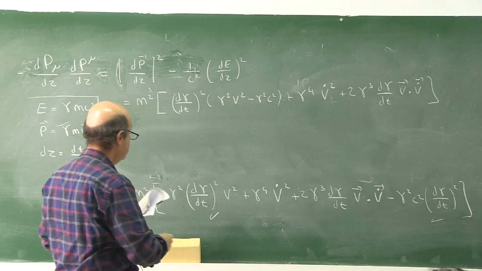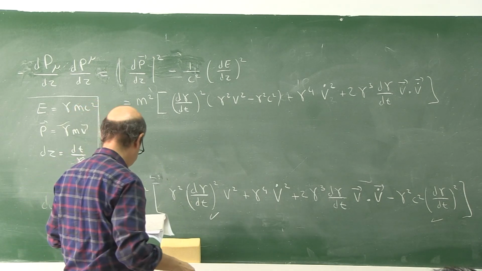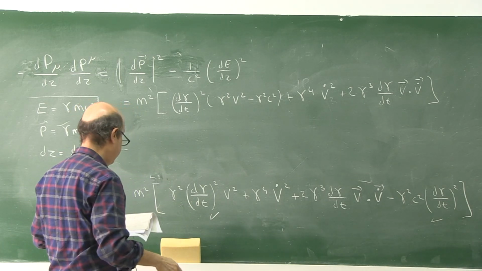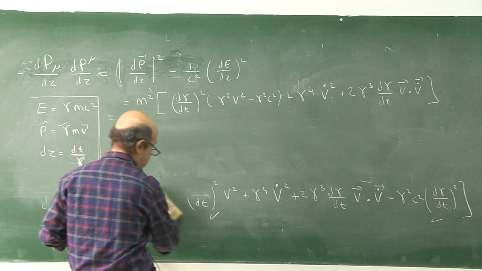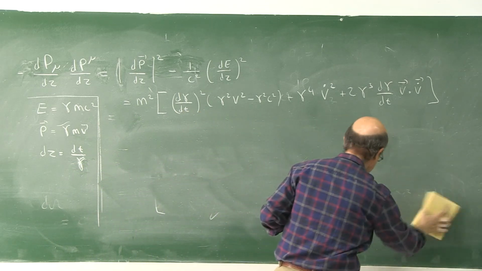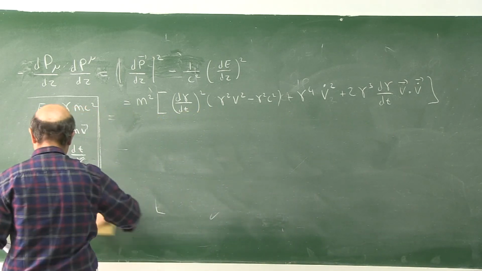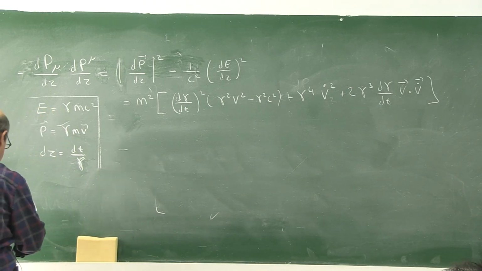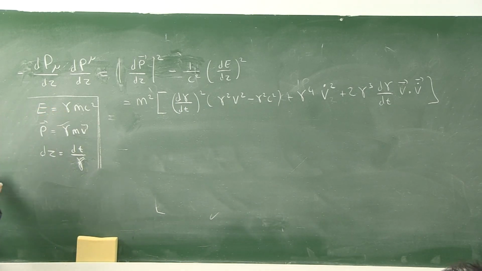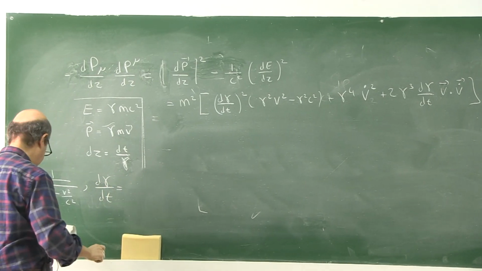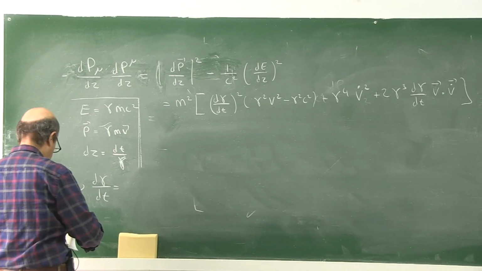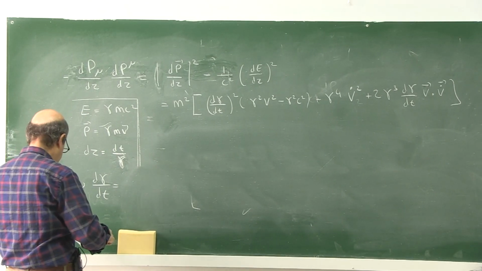What I needed as a tool is the derivative d gamma over dt. So let me introduce somewhere here what is d gamma over dt. You know the gamma is the Lorentz factor, 1 over square root of 1 minus v squared over c squared. Therefore d gamma over dt is what? Derivative with respect to t.